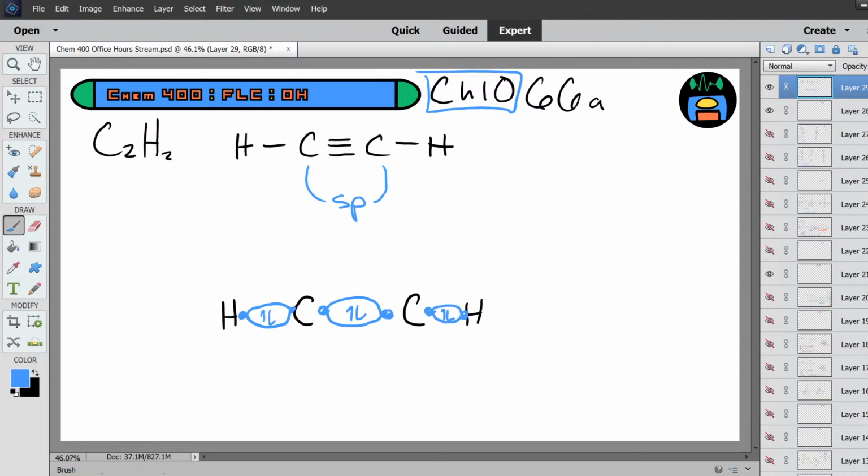And those are all our sigmas. Now we have to account for the triple bond, right? And as we saw in class, this means that we have 2 pi bonds. The first we're going to form using pz and the magic of sideways orbital overlap.